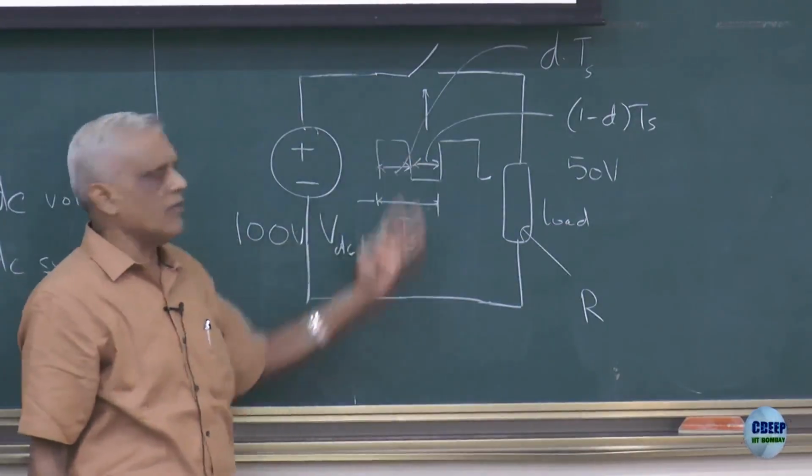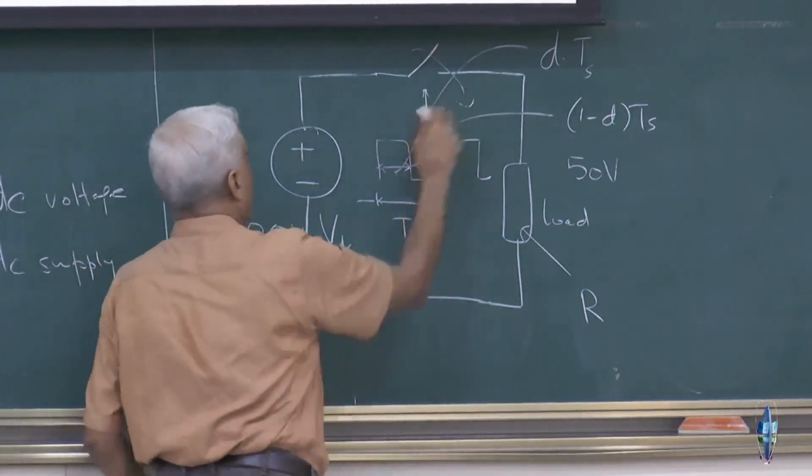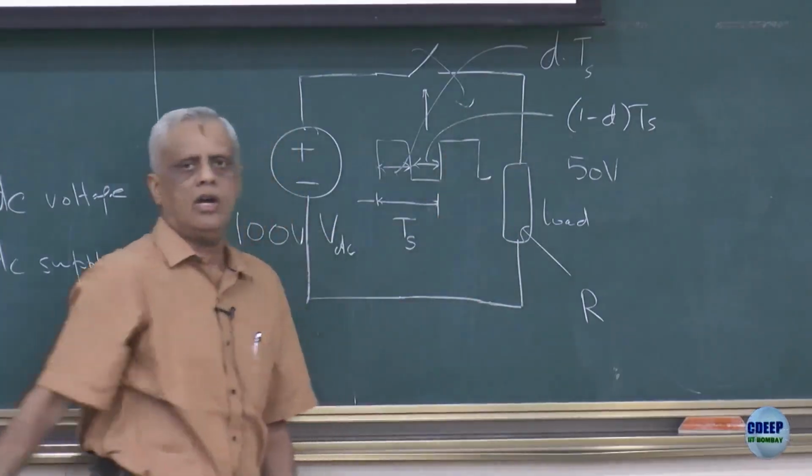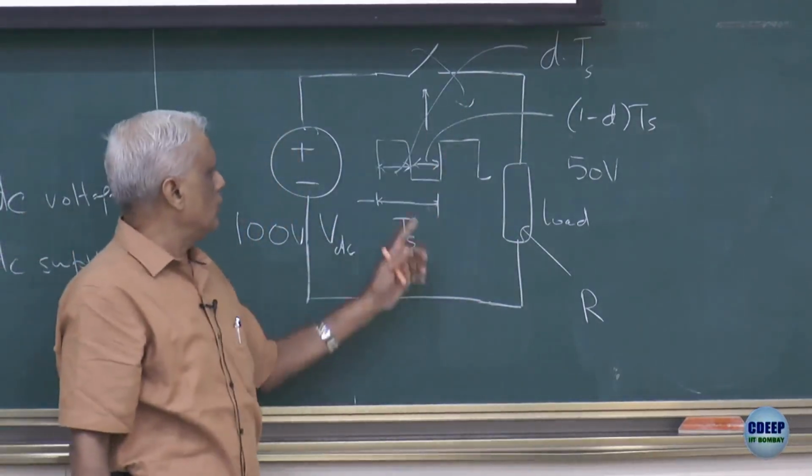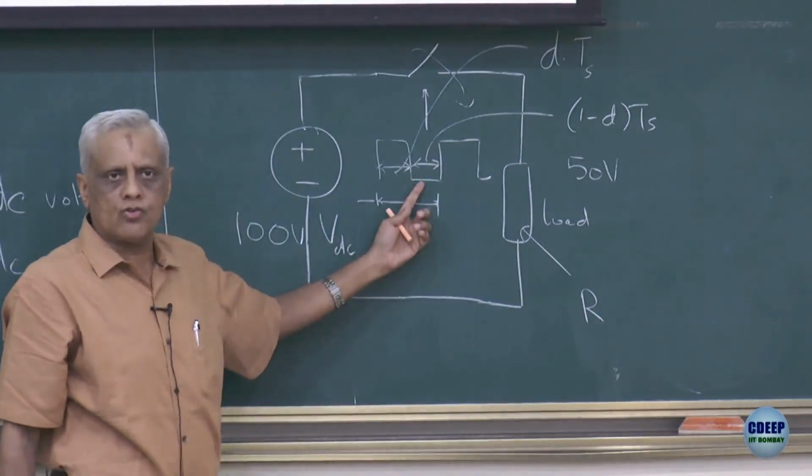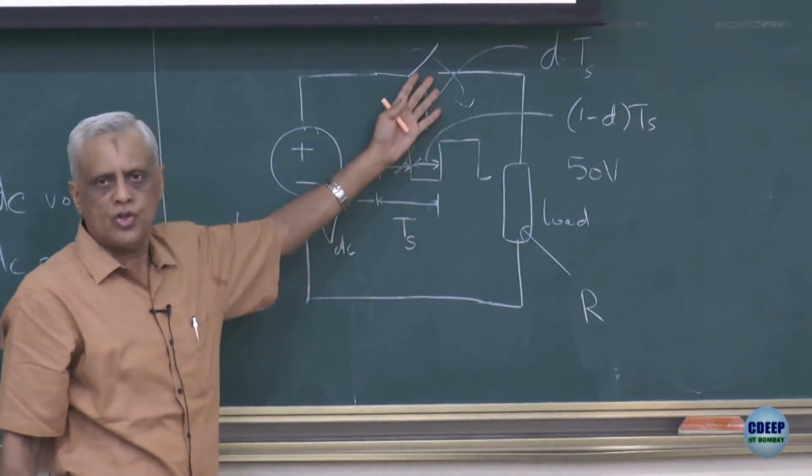So when the signal is given, this device conducts and you have this 100 volts coming in here, and when you are in this other region of the control pulse, then this device switches off.